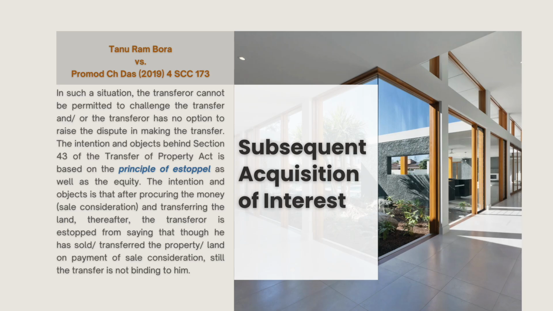The intention and object of Section 43 is based on the principle of estoppel as well as equity, as we mentioned before. The intention and object is that after procuring the money, that is the sale consideration, and after transferring the land, thereafter the transferor is stopped from saying that though he had sold or transferred the property or land on payment of sale consideration, still the transfer is not binding on him.